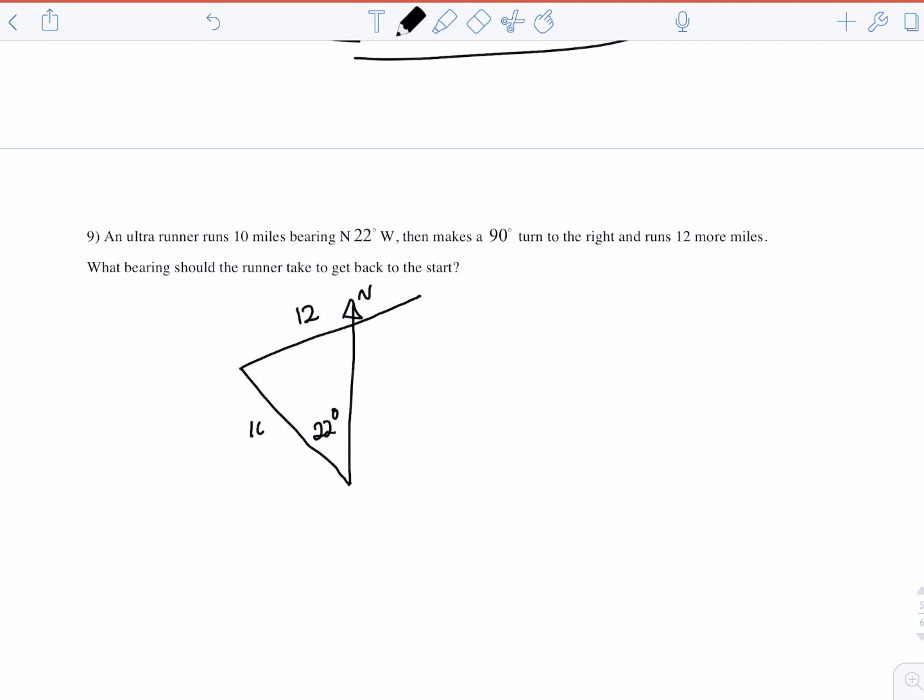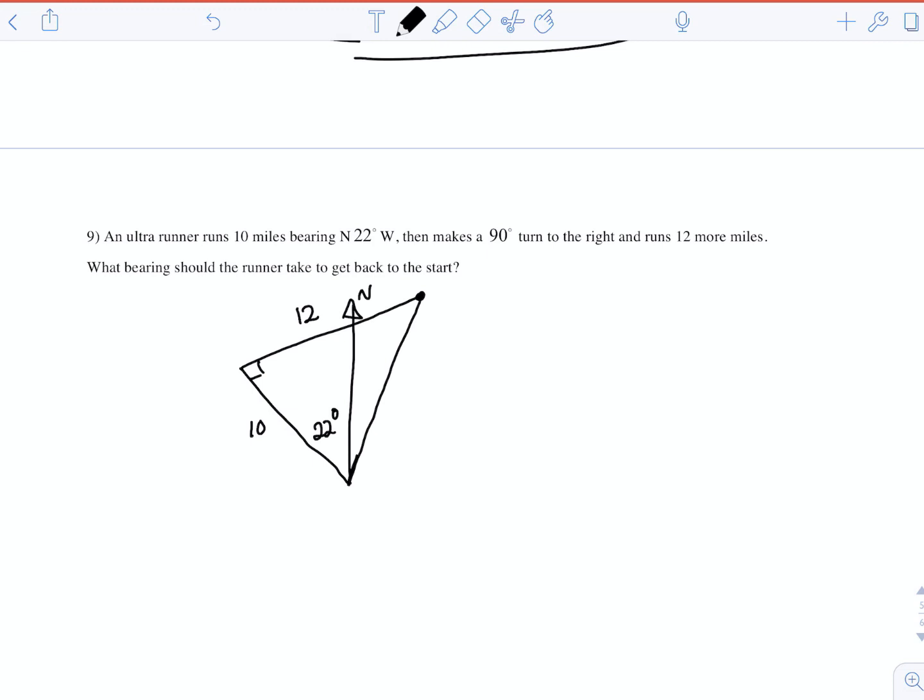Oh, I forgot to write, this is 10 miles here. And this is a right angle, and the person ends up over here. And then what bearing should they take to get back to the start? So from here back to the start, then what's the bearing?